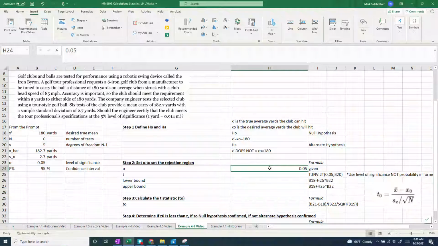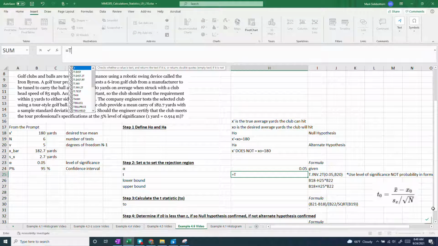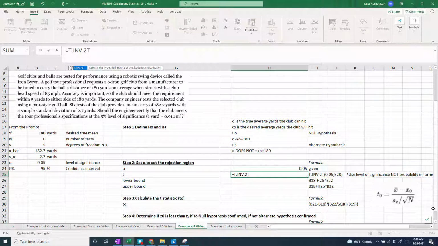From that, we can calculate our t-value using the T.INV.2T function, which gives us a two-tailed inverse of the t-distribution. It asks for a probability and degrees of freedom.